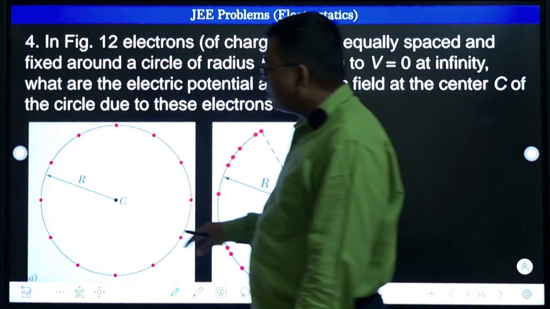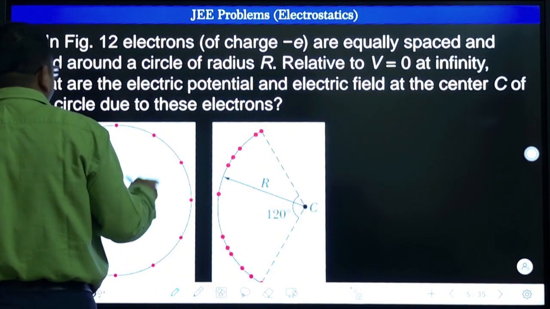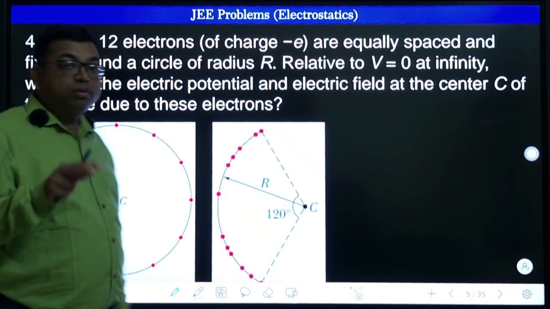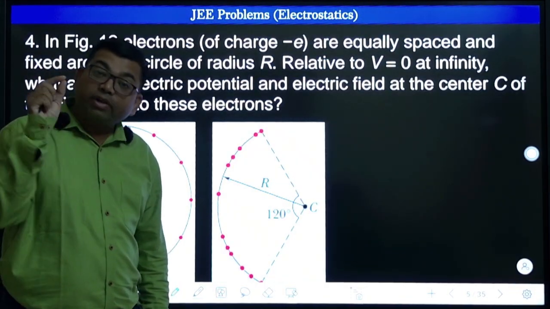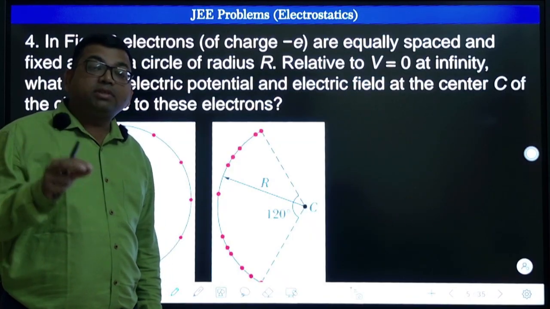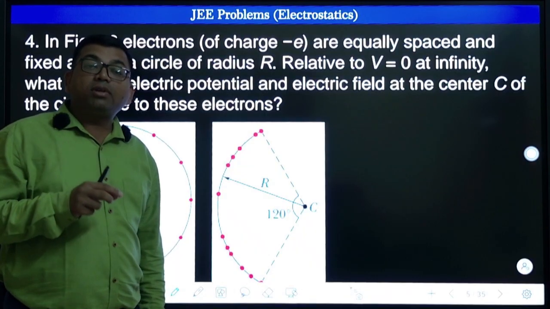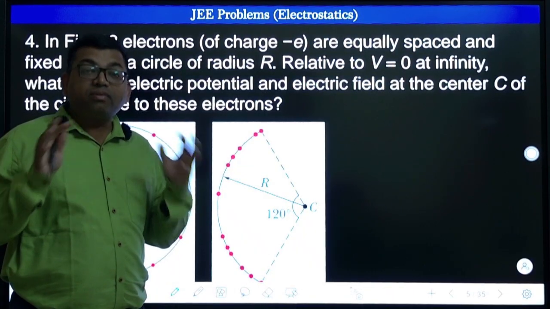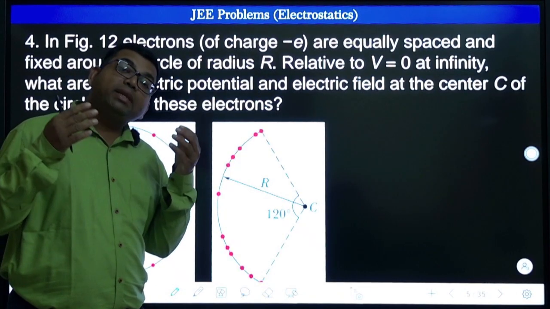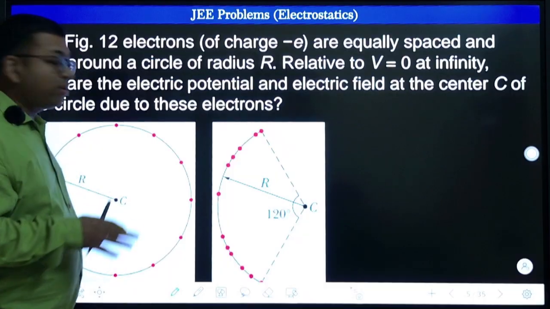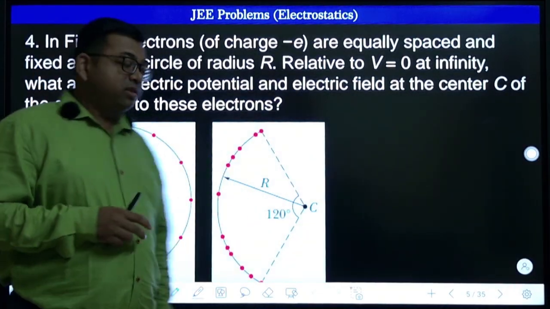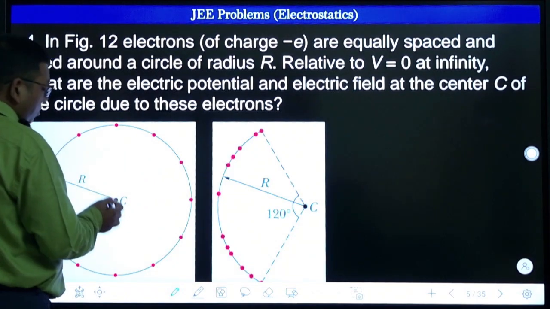Note that when you are calculating the potential and when you are calculating the field, the field is a vector quantity. Electric field is a vector quantity, so you have to do vector addition. But the potential is not a vector, it's a scalar, which you can simply add. The only thing required is charge and distance.